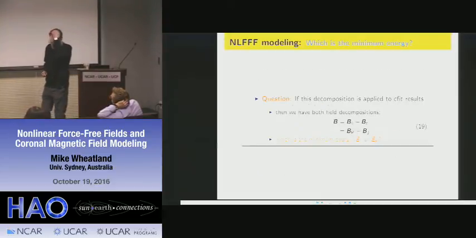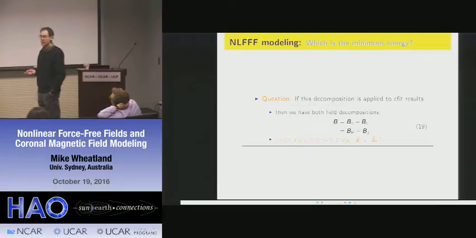So if you apply that decomposition to the result from the CFID code, then you have two field decompositions: the one that I explained when I described the method the code uses, and the one that's attached to the Thompson theorem. So which one's the minimum energy? You've got two minimum energies for your problem.